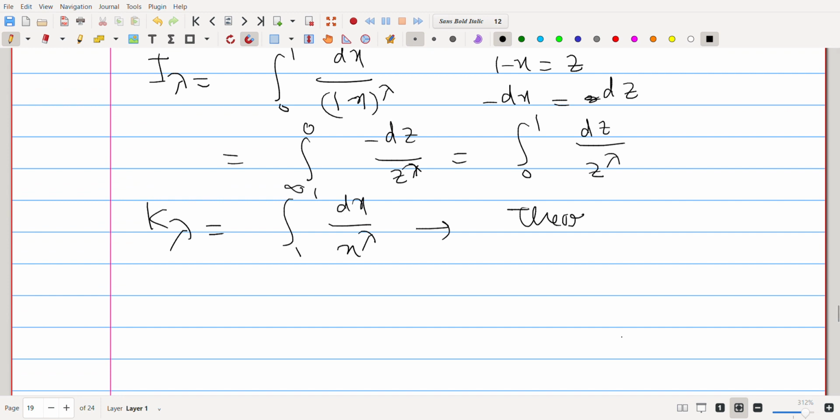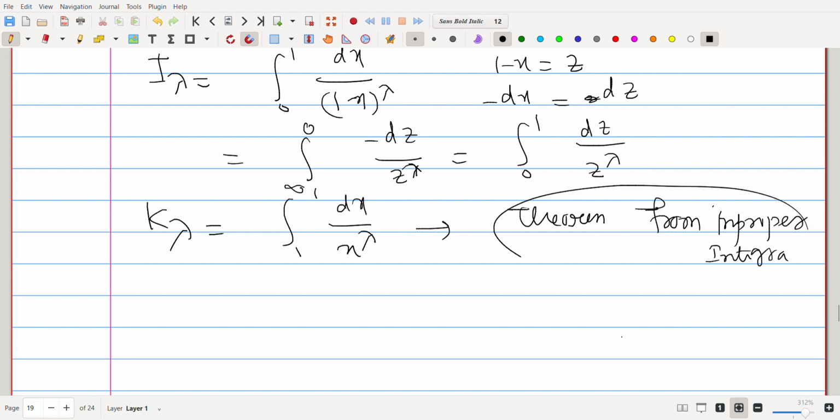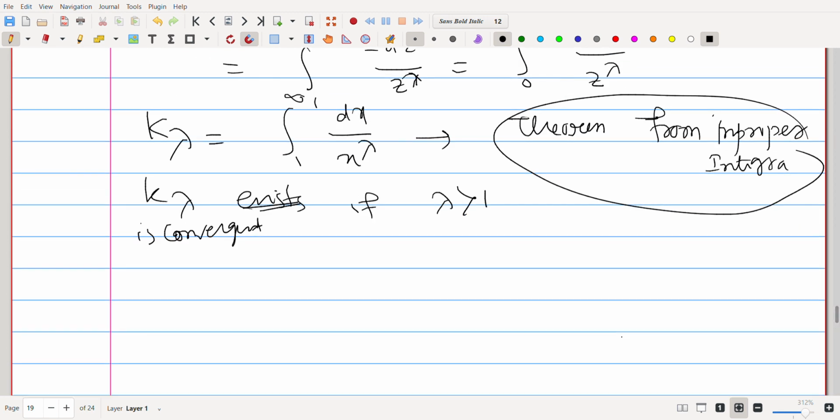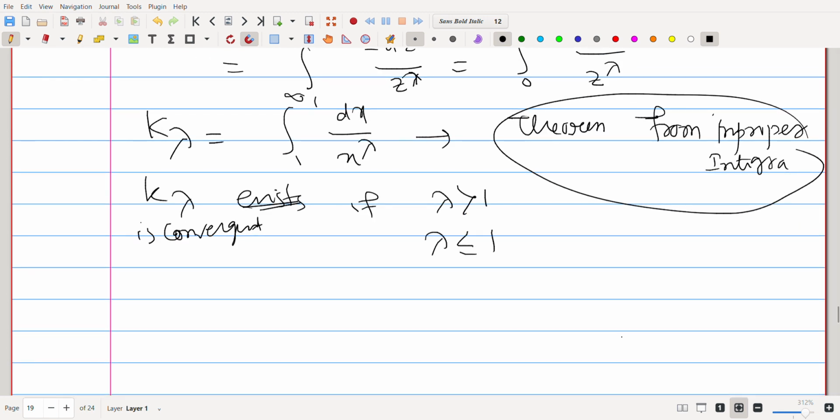Now we know this is the theorem from improper integral. This is a result you need to read in improper integrals: K lambda is convergent if lambda greater than 1, and divergent for lambda less than or equal to 1.